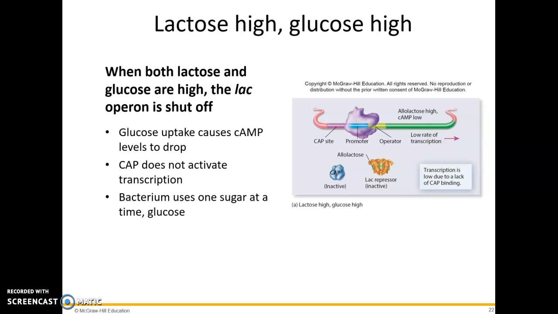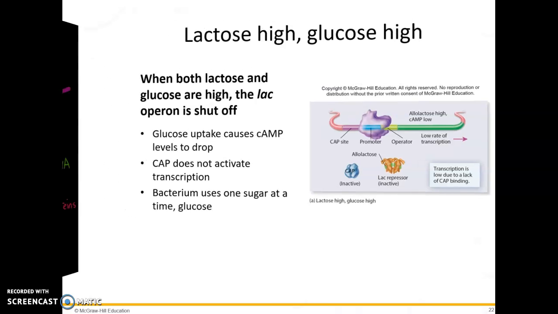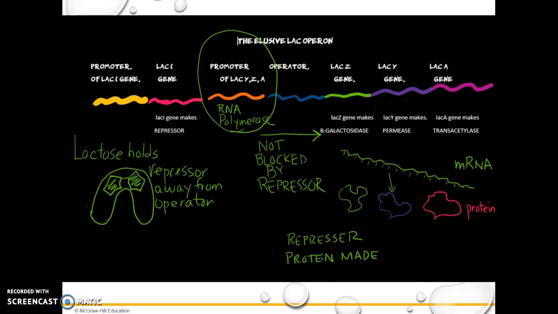We will discuss further in class about how glucose plays a role in this. But the key to remember is when lactose is available, we turn on the genes which allow lactose to get into the cell and to be broken down into glucose and galactose.